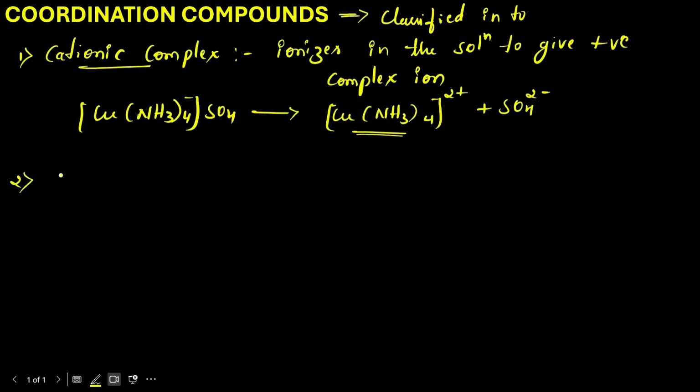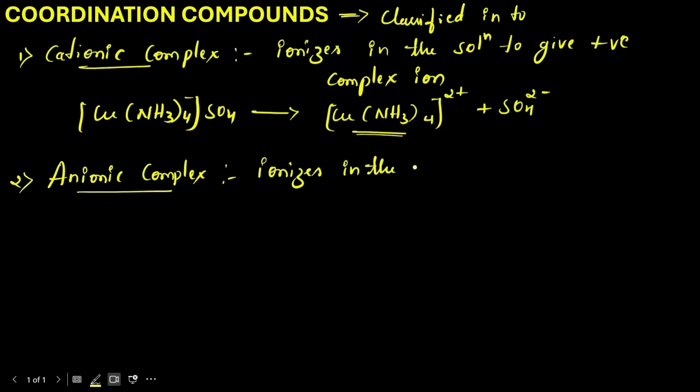The next type is anionic complex. These are the complexes which ionize in solution to give a negative complex ion.